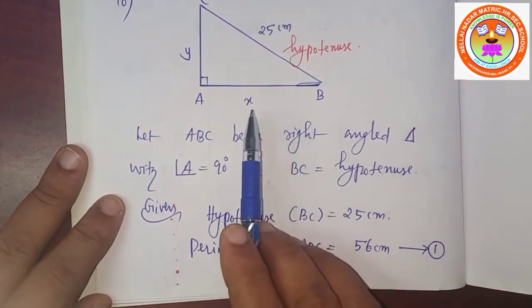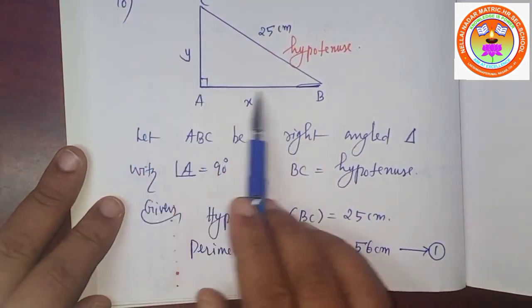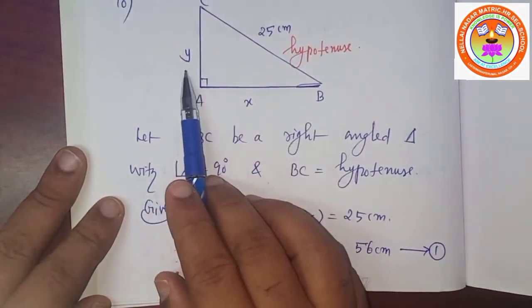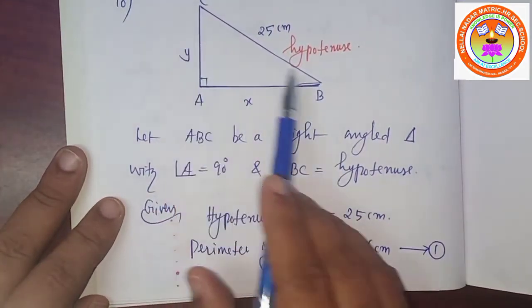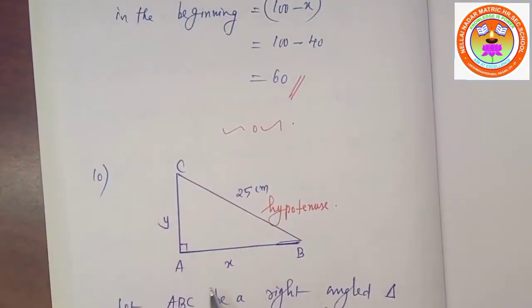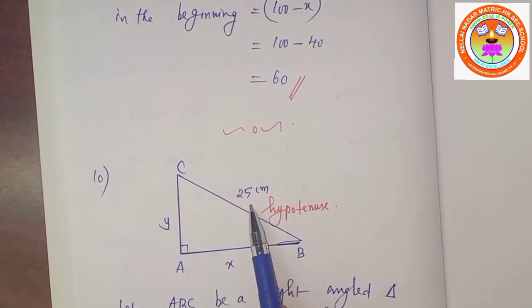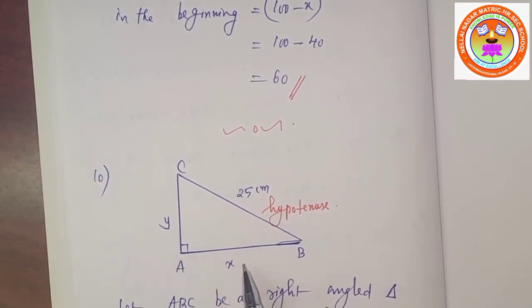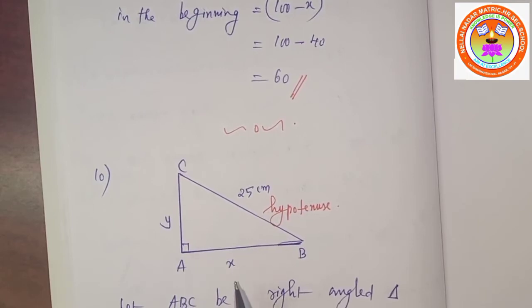It can be either X or Y. I consider AB as X centimeter and AC as Y centimeter. In a right angle triangle, the hypotenuse is the greatest length compared with the other two sides, so definitely either X or Y is the smallest side.